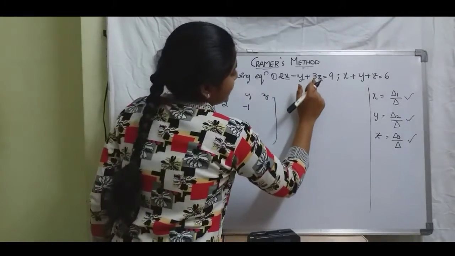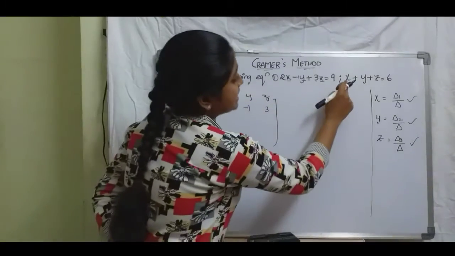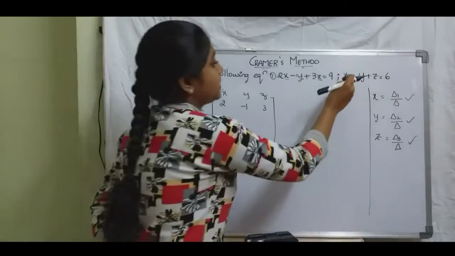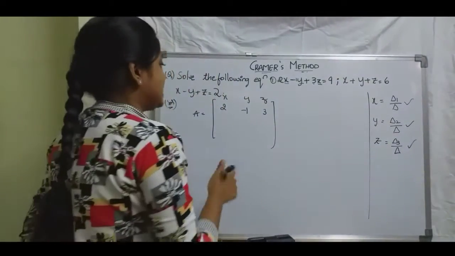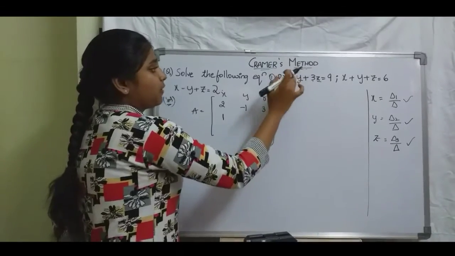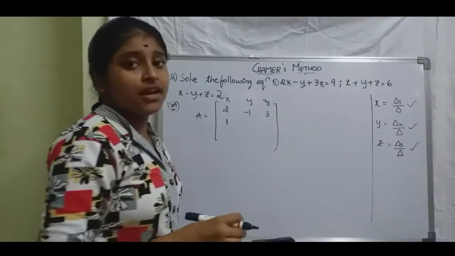The z coefficient is 3. Now the second equation: x has nothing before it, so we consider it as 1. Just now I said if there is no coefficient before x, y or z, we can consider it as 1.